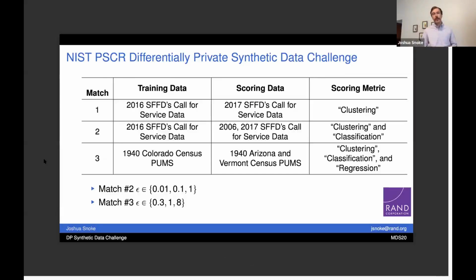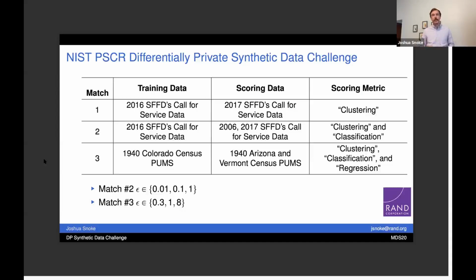So for the first 2, this was the San Francisco call for service data. So this is fire data that San Francisco has made public. And NIST used different years for the training and scoring. And then in match 3, they switched to the public 1940 census data, and they used different states for the training and the scoring.